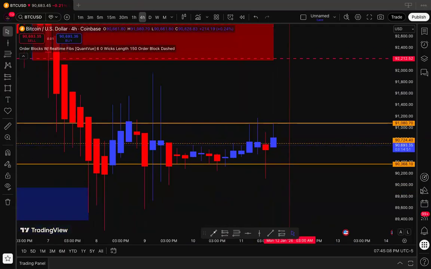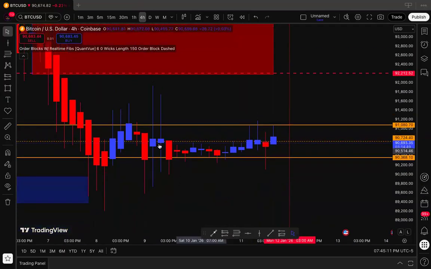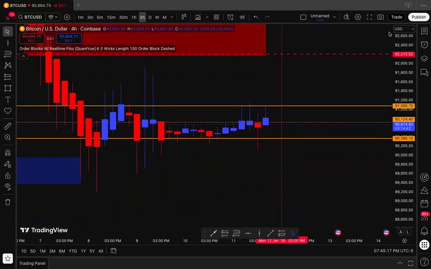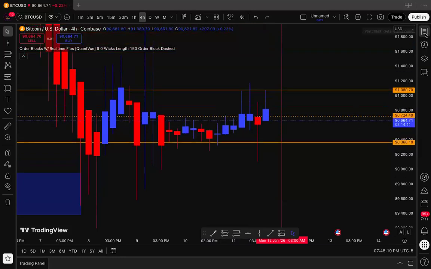Also got it in consolidation. I will wait till London to get a clear breakout out of this, because all of this is saying unclear price action.